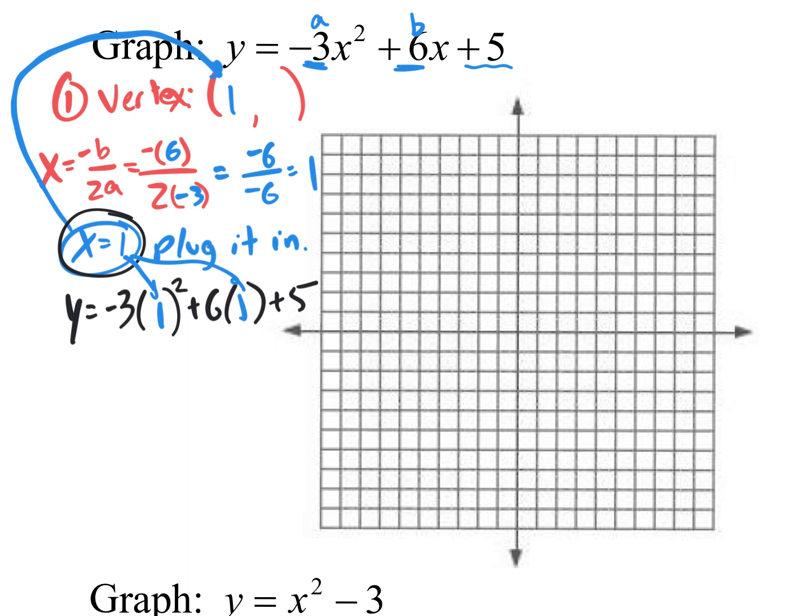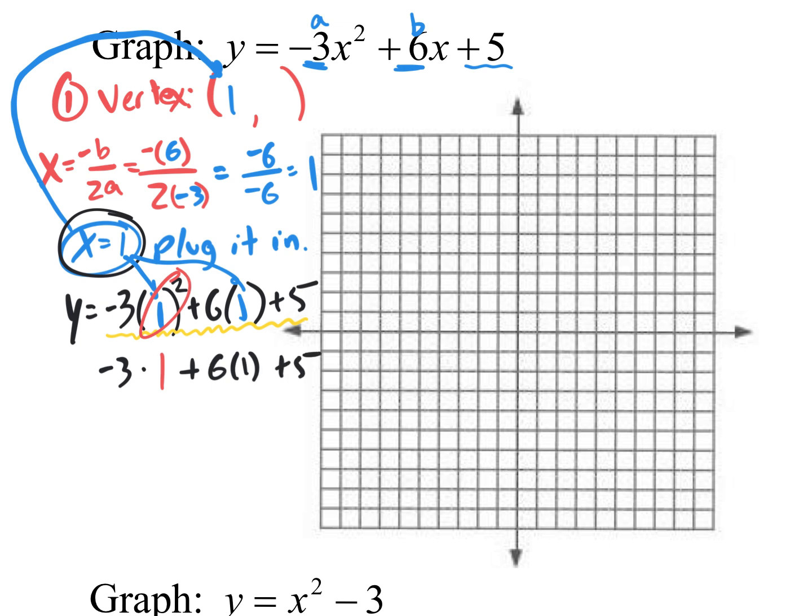You could type this in exactly the way it looks into your calculator, and it'll give you your answer, which is the y value of your vertex. Or you could do it by hand, thinking of PEMDAS. Starting with parentheses, there's nothing to do inside the parentheses. You move on to exponents. 1 squared, 1 times 1 is 1, but you still have the multiplication of negative 3 in front. And over here, you still have the 6 times 1, and you still have the plus 5.